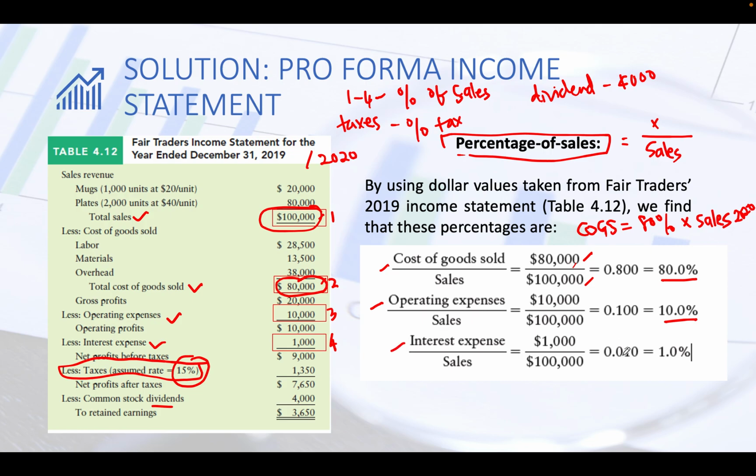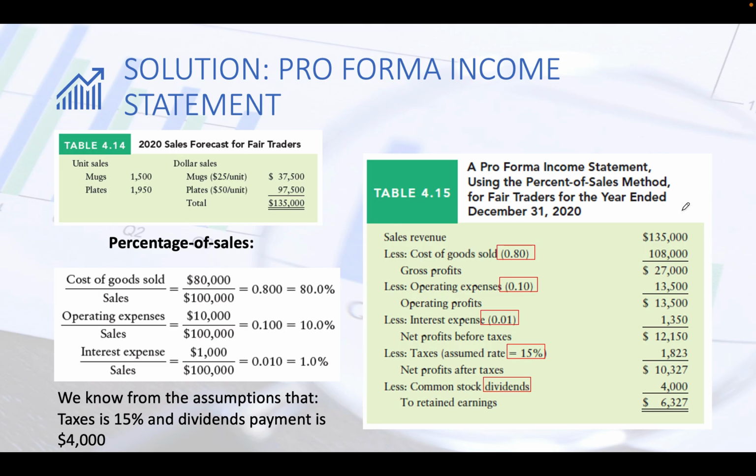So, interest expense pula dapat 1%. So, interest expense is 1% daripada sales. Okay. So, ini yang kita dah kira tadi. Setiap satunya COGS 80%, operating expense 10%, interest expense is 1%. Okay. So, daripada assumption tadi, tax is 15% and dividend is 40,000 kan?